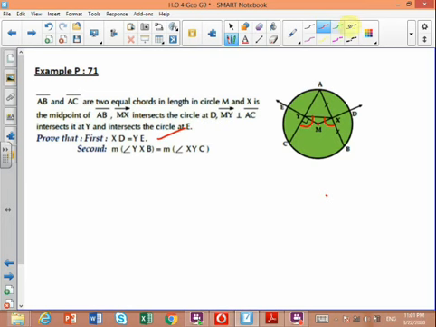From before I know that this is perpendicular and this is also perpendicular, so this is 90 degrees, and MX equals MY. This means the two smaller angles here from the isosceles triangle are equal, because MX equals MY, so the measure of angle YXM equals the measure of angle XYM. By adding these two angles together and these two angles together, the whole angle will equal the other one. Is that clear?